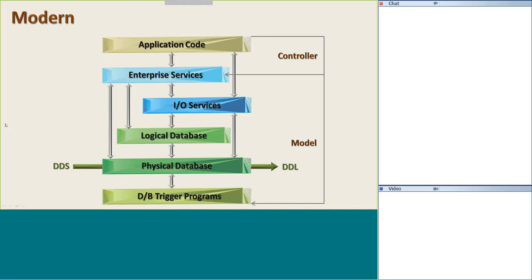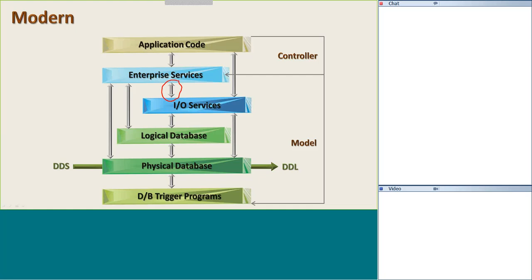So enterprise services sit on the fence between the application code and the database. The database is defined at the I/O server level, this level here, and the enterprise services sit sort of between the two. You will notice the enterprise services communicate with I/O servers.